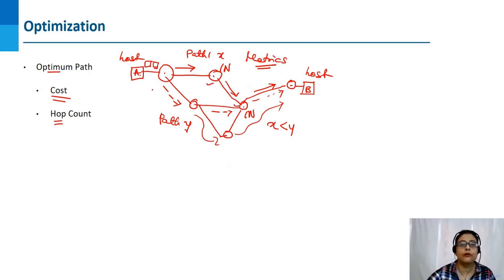Similarly, for path Y, we can see that there are 1, 2, 3 nodes. So definitely for the hop count case, path Y will be larger than path X. So the best possible path should be path X, and this will be the optimum path as per the hop count. So we should take into account the minimum hop count in a path.